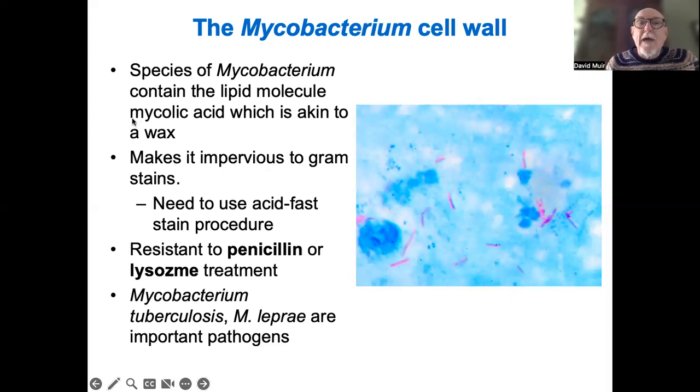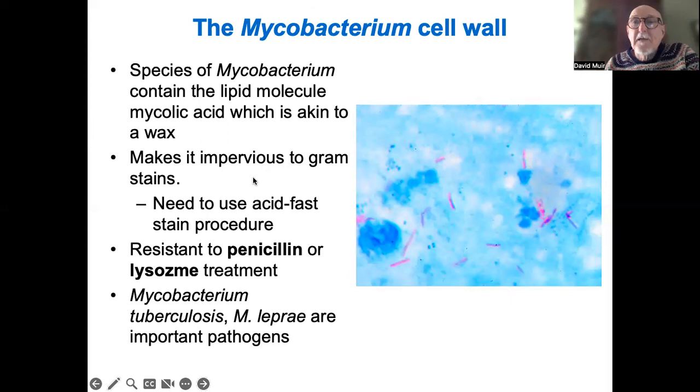And it's a wax called mycolic acid. And it prevents the stain from actually reaching or being able to bind to peptidoglycan or penetrate into the interior, into the cytoplasm, etc. So they just don't stain properly with a gram stain.